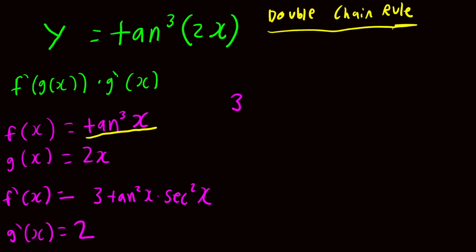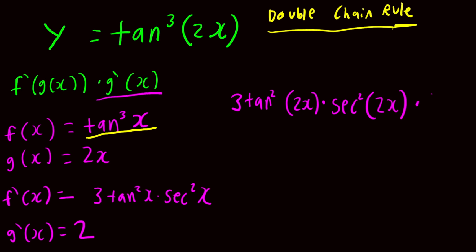Whatever you prefer. So tan squared of x, but it's the f prime of g of x. So g of x is 2x, we said, times secant squared of x, which is g of x again, 2x, multiplied by g prime of x, and we said g prime of x was 2.